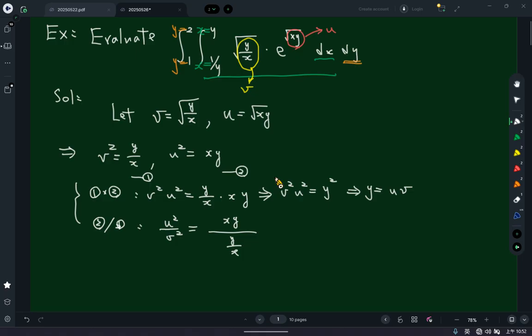For the right-hand side, we have xy over y over x, so that we can cancel the common y. So we can get u squared over v squared is x squared. So we can get x is equal to u over v.